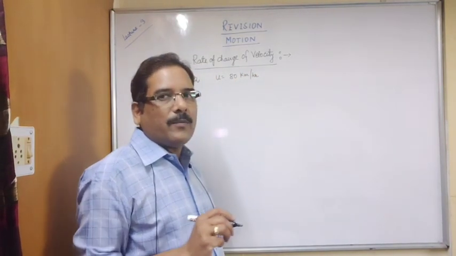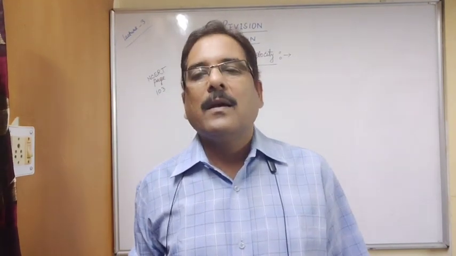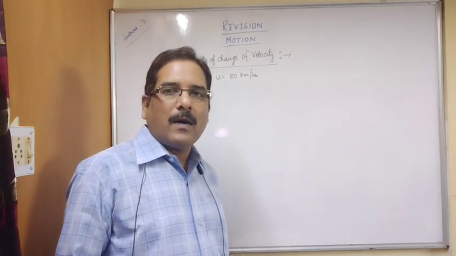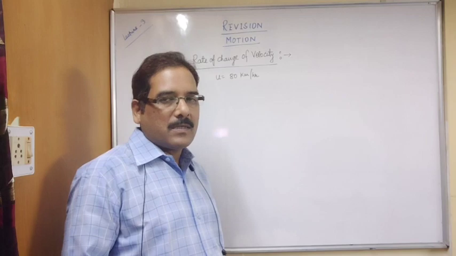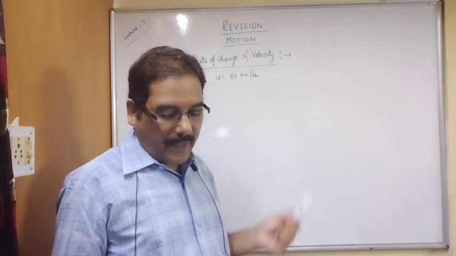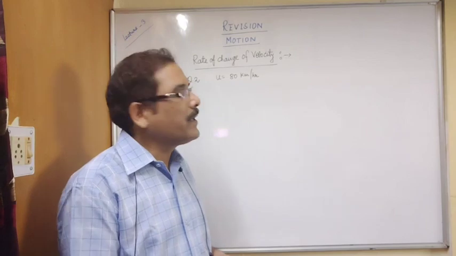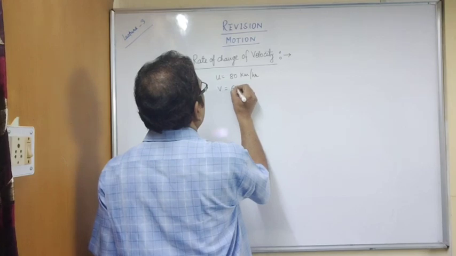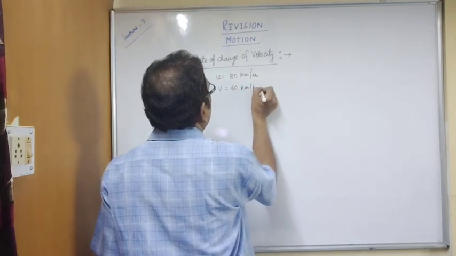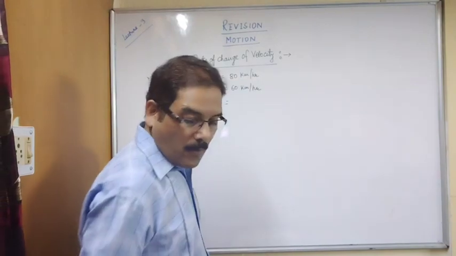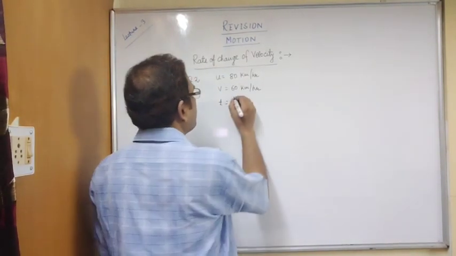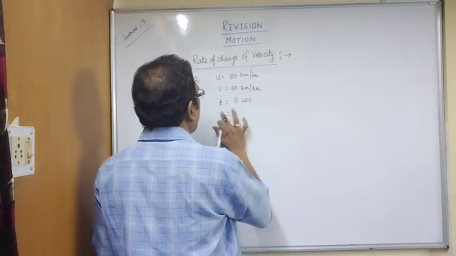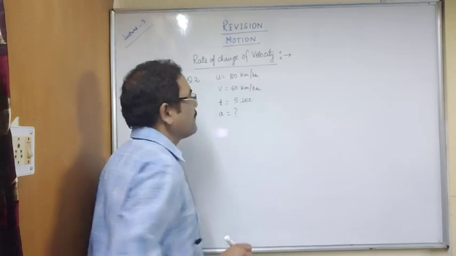Whenever you have to solve the numericals, you must read the question carefully, write down the given things with their symbols. For example, your initial speed or velocity is given 80 km per hour and final velocity is 60 km per hour, and this change in velocity takes place in how much time? In 5 seconds. So these are the given things, and you have to calculate acceleration.